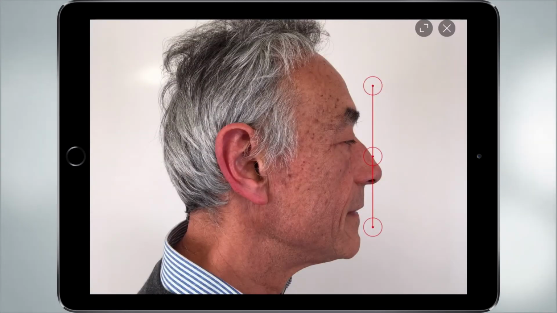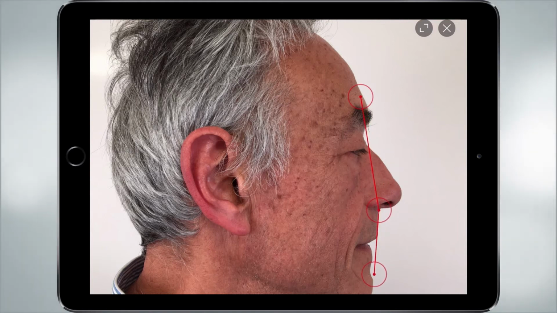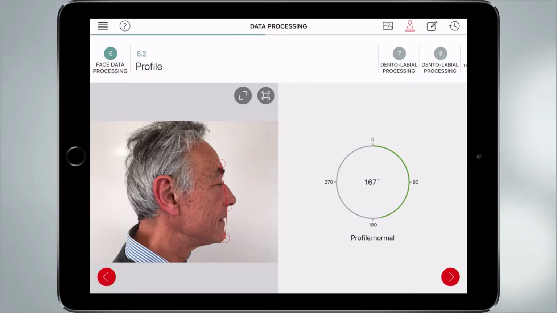So we enlarge the image, we put in the glabella, the base of the nose, and the base of the chin. Yes, we have 1.67, which is again green, but if we move it, look, from green it becomes red.